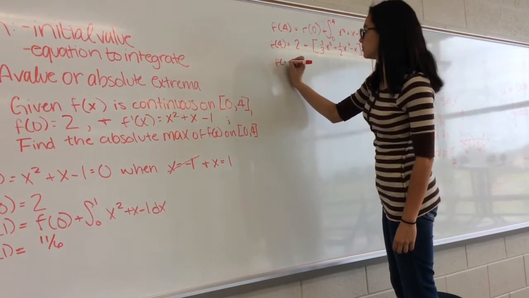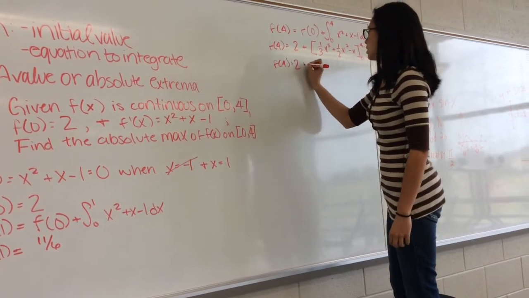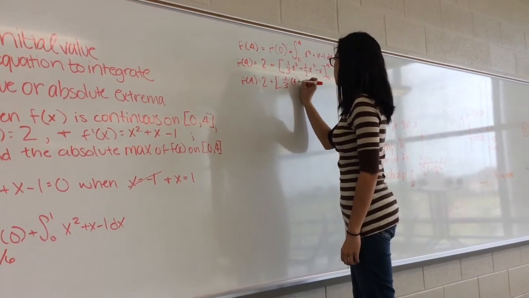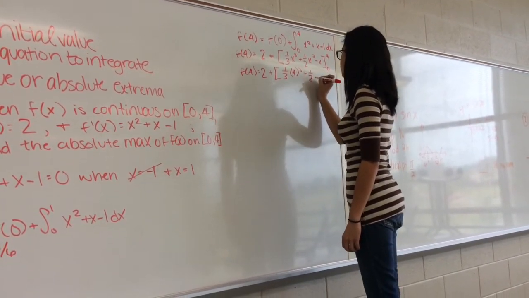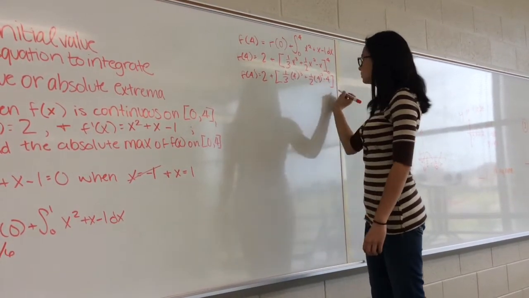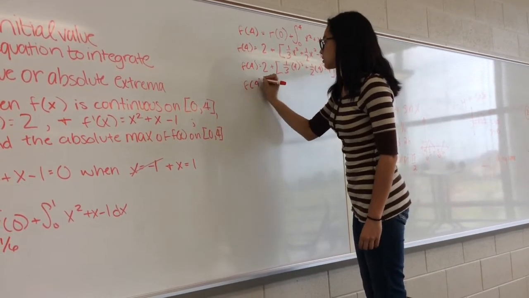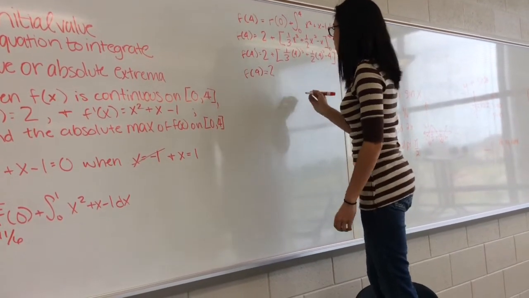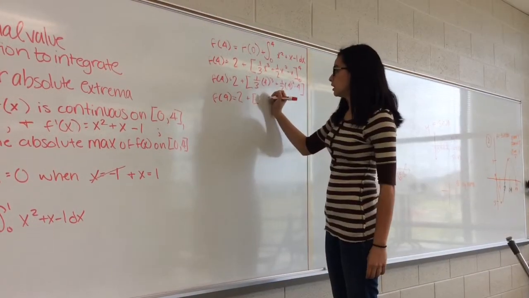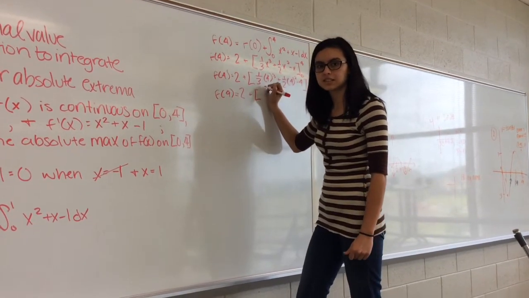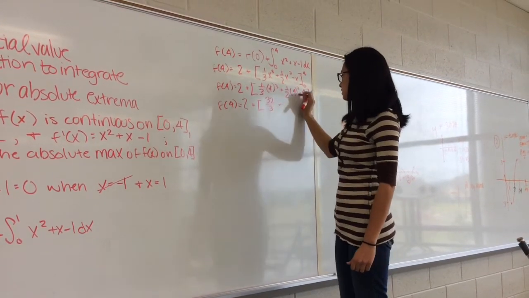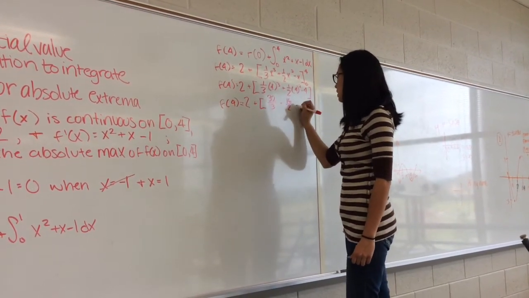So we're going to plug in 4 here. So that's 1/3 4 cubed plus 1/2 4 squared minus 4. Okay, so 4 cubed is 64, so 64 over 3 plus 16 over 2 minus 4.